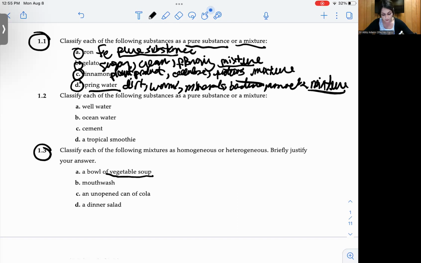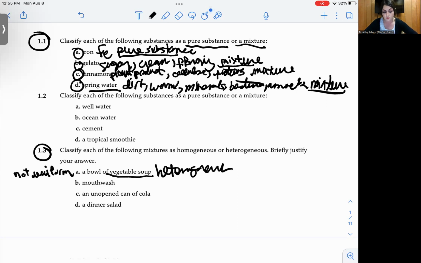Like, yeah, you can. You can see that this is not uniform. You can see the carrots and the noodles and the turnips. This is definitely a heterogeneous mixture, right? And that can be justified easily because it is not uniform in its composition.